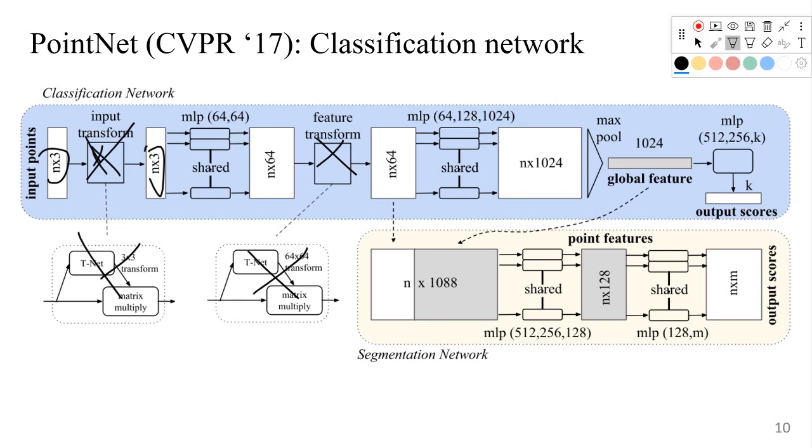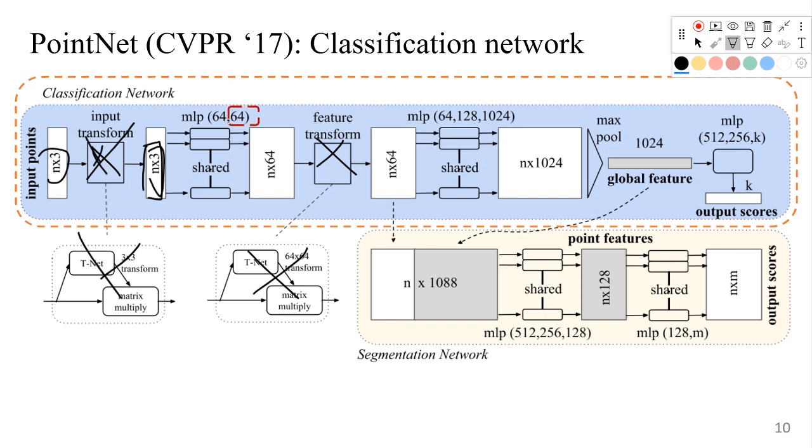And then from this n points here, we map the embedding dimension 3 into another embedding dimension, which in this case is 64. How can we do this? We can just use an MLP. For every single point here, we apply an MLP. If we want to map from 3 into 64, we have this kind of MLP. This is 3, this is 64 features.